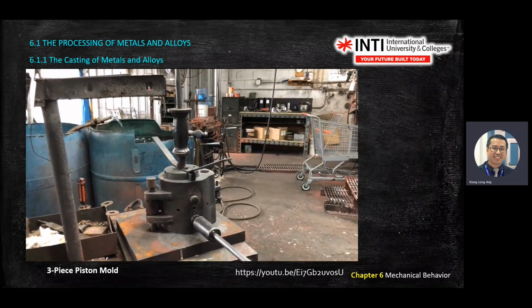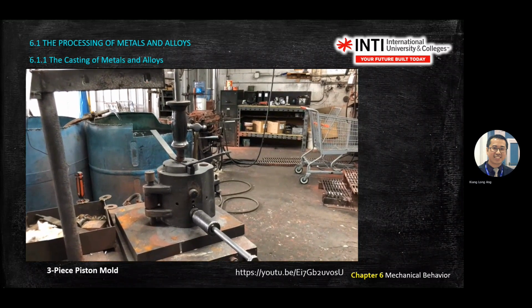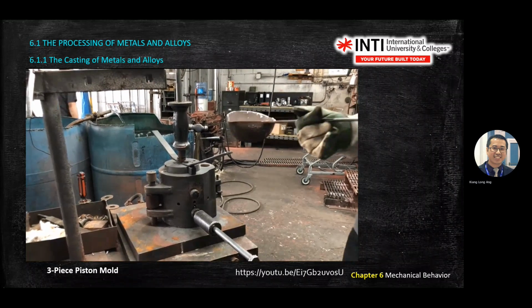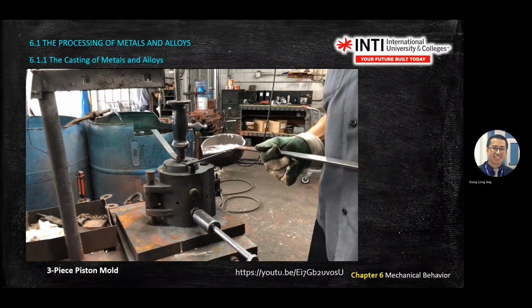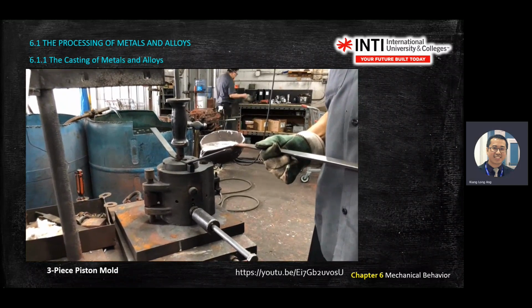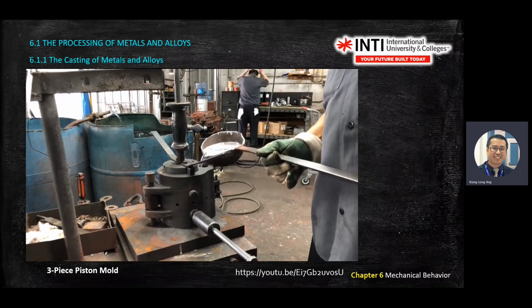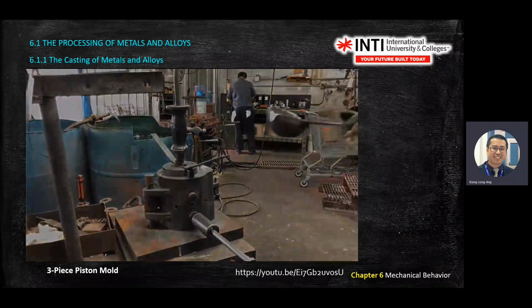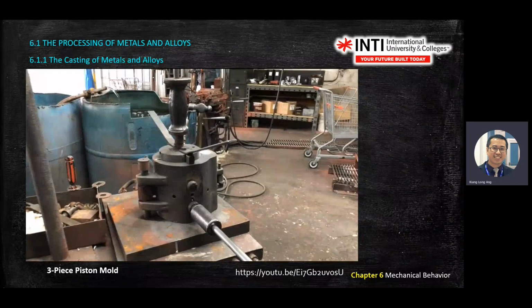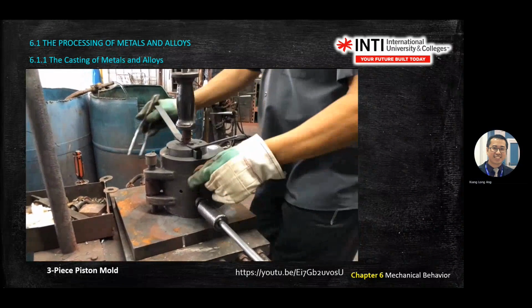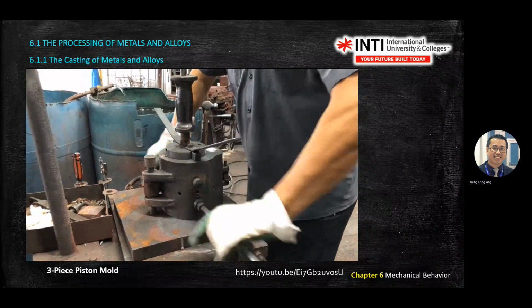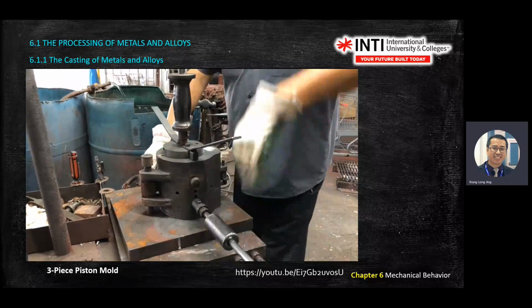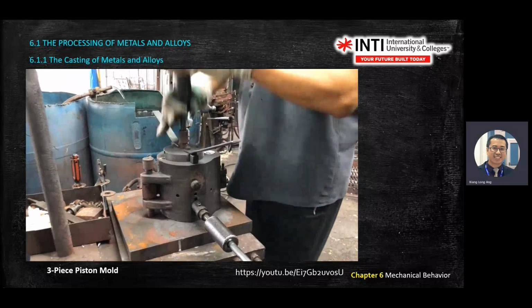Then you pour in the molten metals. Again, this video shows you a very simple component. You can go into very complex components. If you see, this one is an aluminum product. Then you try to break the permanent mold.